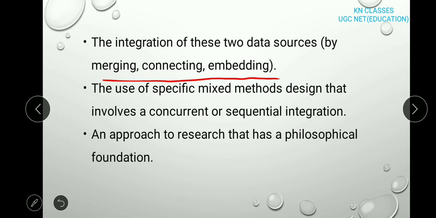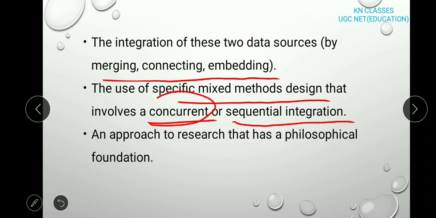Then the use of specific mixed method designs that involve concurrent and sequential integration. We integrate quantitative and qualitative data in two ways: one is concurrent and the other is sequential. Concurrent integration means both quantitative and qualitative data are collected simultaneously, while in sequential integration one type of data is collected after the other.